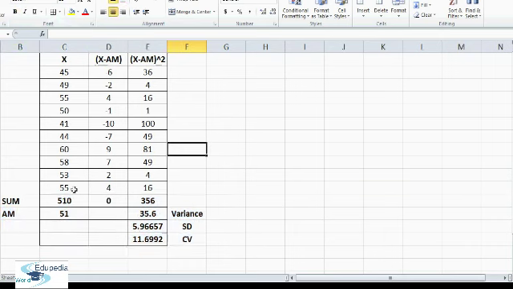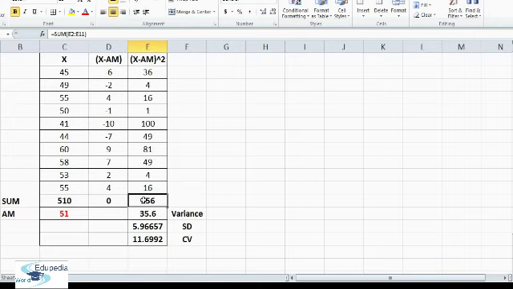We have the individual data. What we do first is find the sum of these data and divide by the total number of data. That is, we find the average, the mean, which is 51 in our case here. Then we take the deviation of these individual data from the actual arithmetic mean by subtracting them, and then we square these values here. After we have squared, we sum them up.